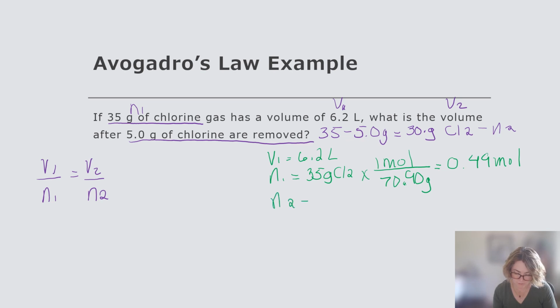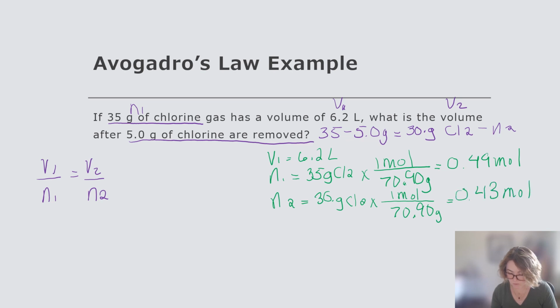N2, I have 30 grams of chlorine gas, and I want to convert that. So 1 mole over 70.90 grams, and that's going to give me 0.43 moles of chlorine gas.